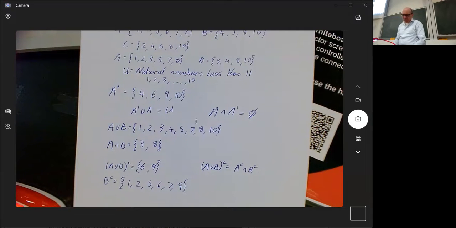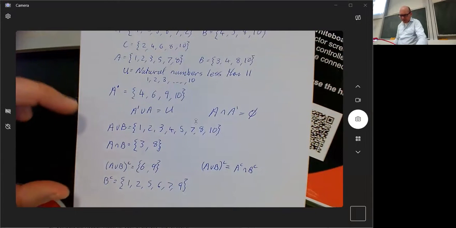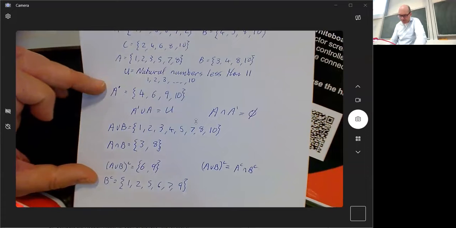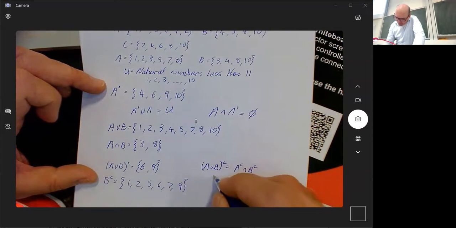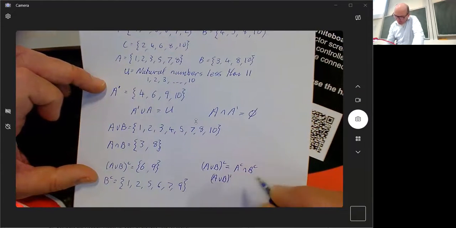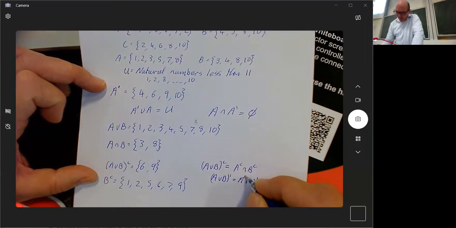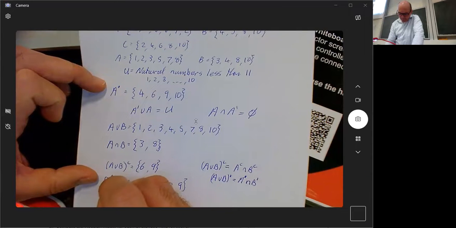Sorry, I've made a mistake. I really should have written this as A union B prime equals A prime intersection B prime, just to keep the notation that you're using.